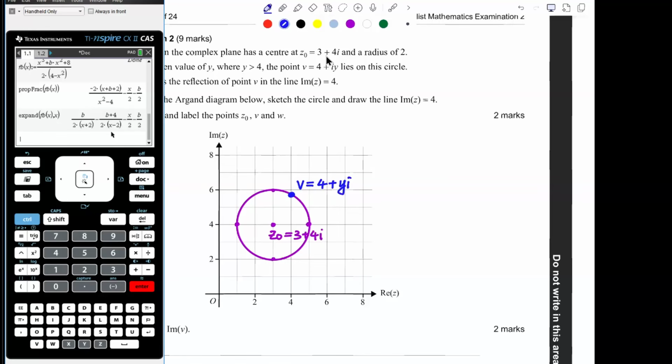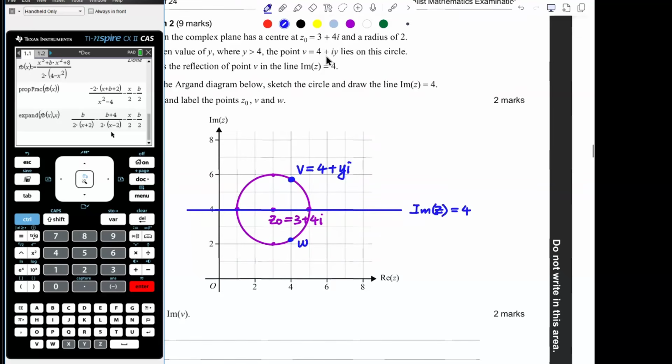And point w is the reflection of point v in the line imaginary z equals 4. So I think imaginary z equals 4 is this line here, and this will be w, okay? Yep, of course. Sketch the circle, draw the line, and also label the 3 points.